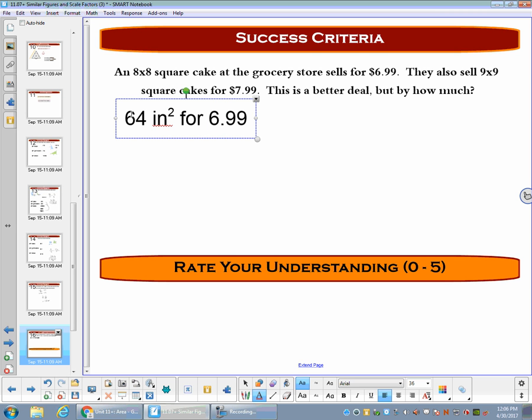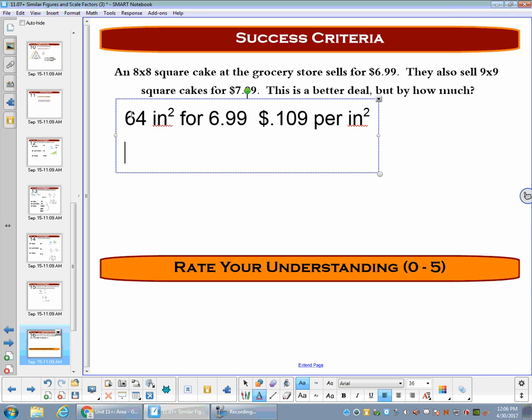So when we divide $6.99 by 64, that's 0.109, so about 11 cents per square inch.